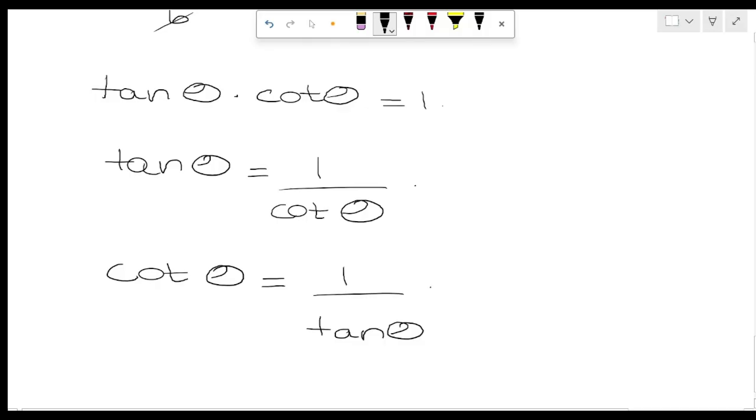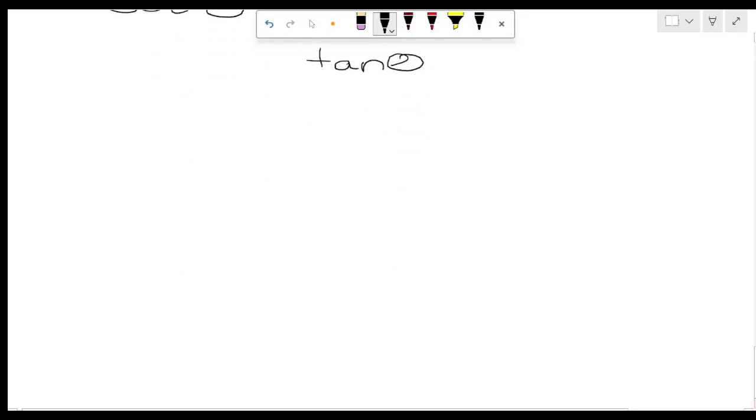Both of them are the same. So if we have a trigonometric function or a trigonometric ratio and we multiply it with its reciprocal, the answer will always be 1.